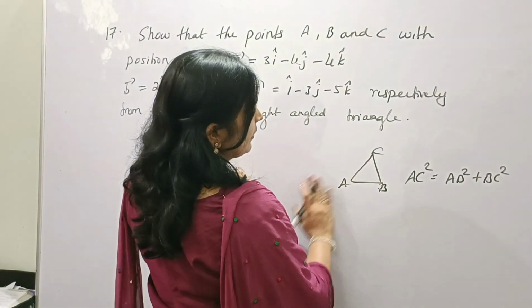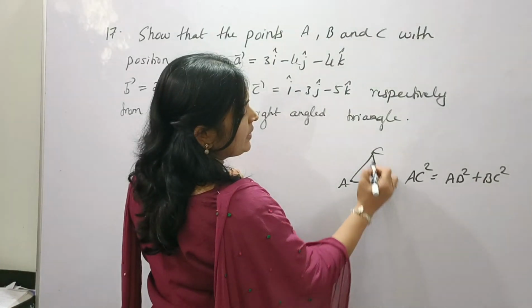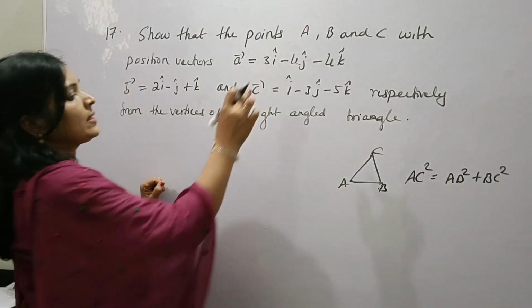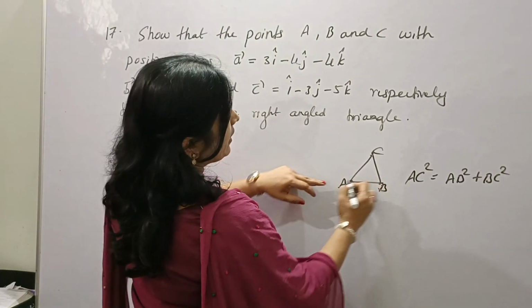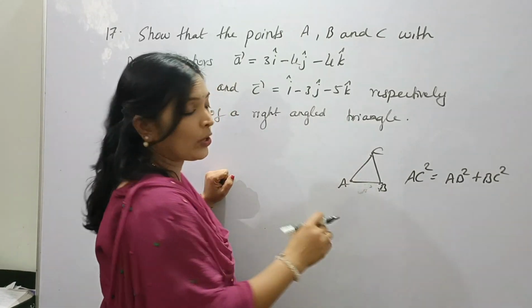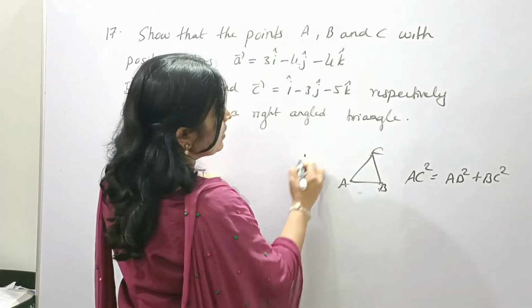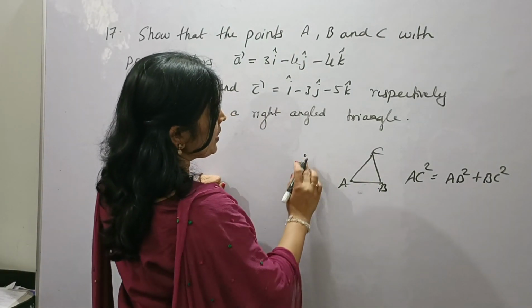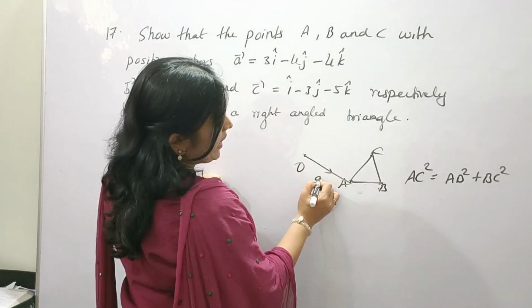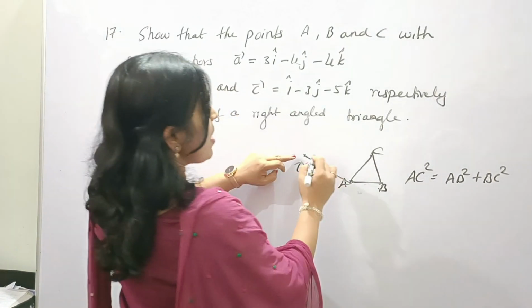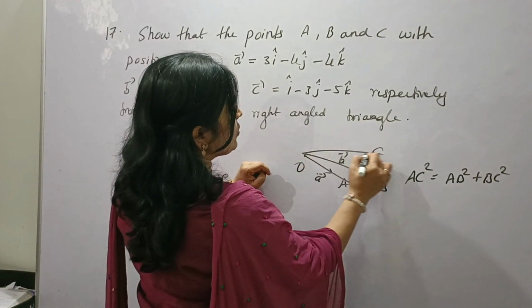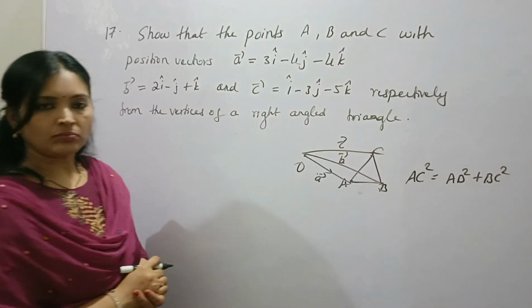So here let us take these 3 points A, B, C, and the position vectors are given, that is from the origin, the point O. Let's take vector OA is equal to vector A, vector OB is equal to vector B, and vector OC is equal to vector C.